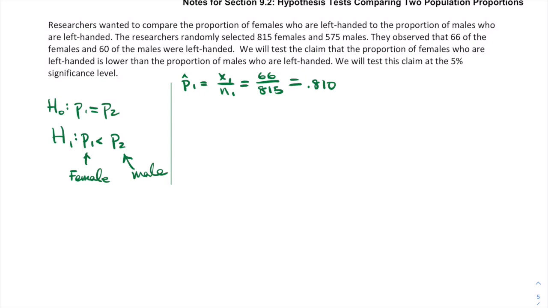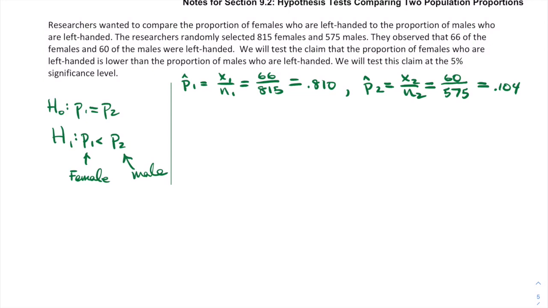Okay. P hat 2 is x2 over n2. And there were 60 males who are left-handed out of 575 males. And let's see, that's 0.104. And as always with proportions, we're carrying 3 significant figures.